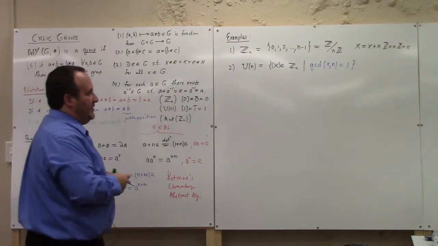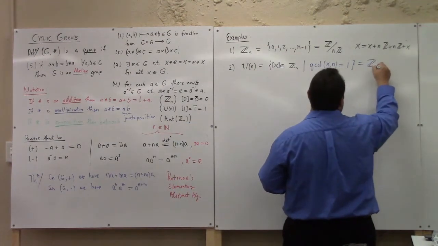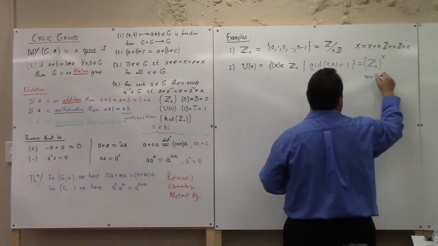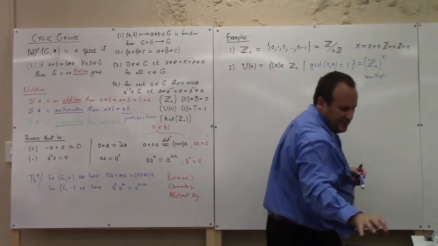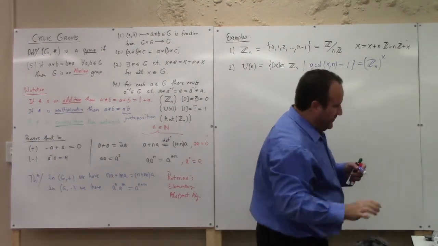Some other books will also call this Zn with an upper X. It's the multiplicative, well, I should say it this way: it is the group of units in Zn. The group of units in Zn.